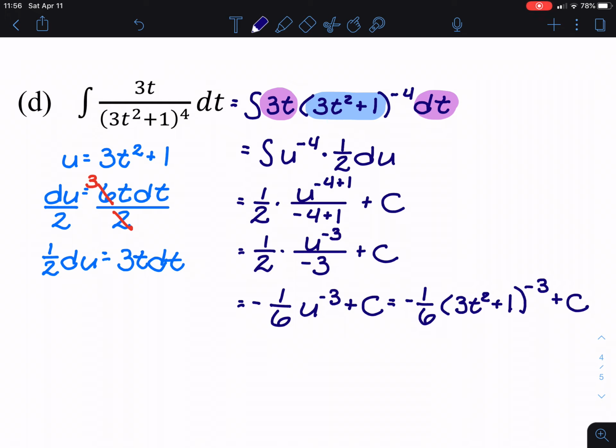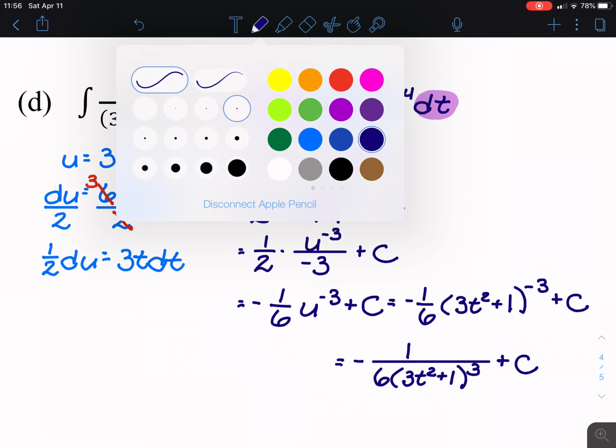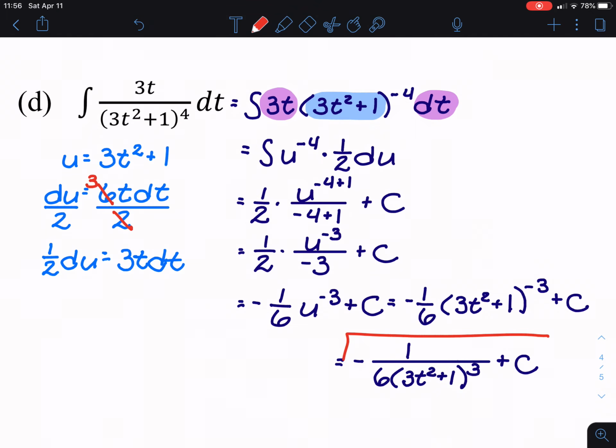Then I just need to rewrite this in the same form as my original integral. So this becomes -1/6 times 3t squared plus 1 to the 3rd power, in the denominator, plus c as the solution for this problem.